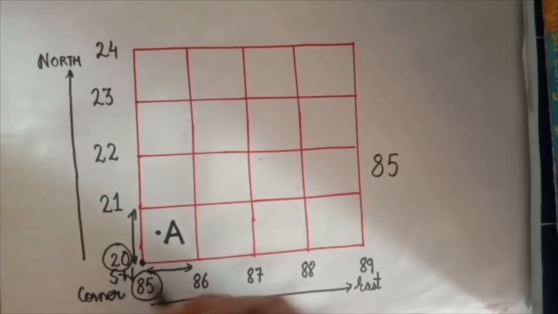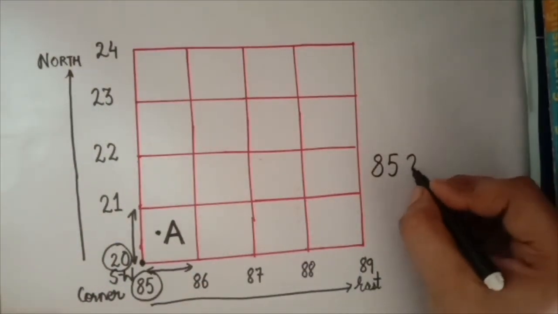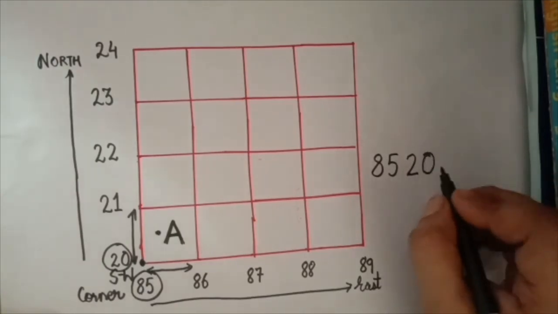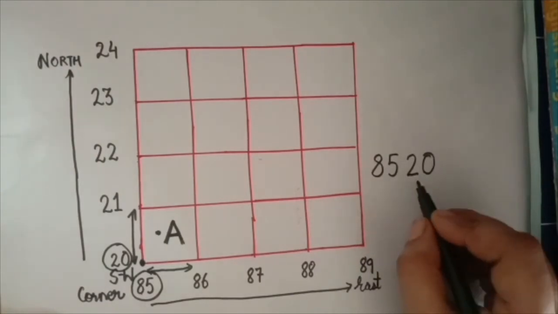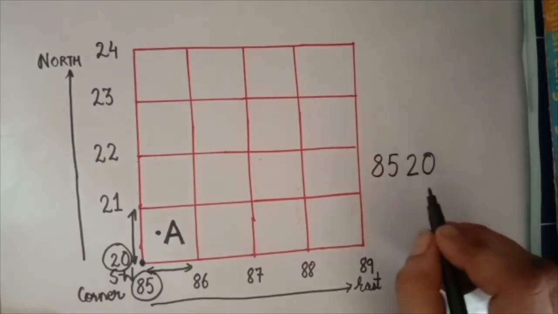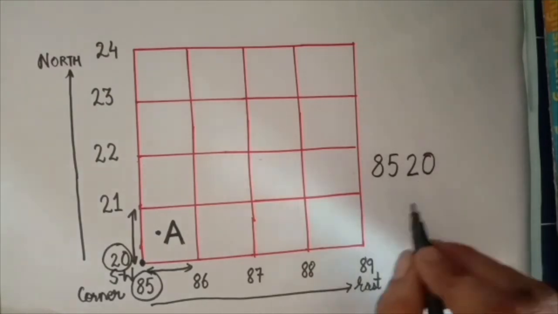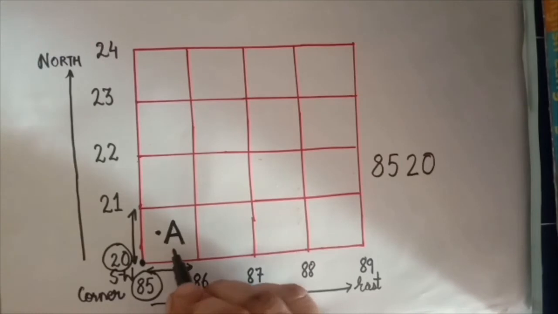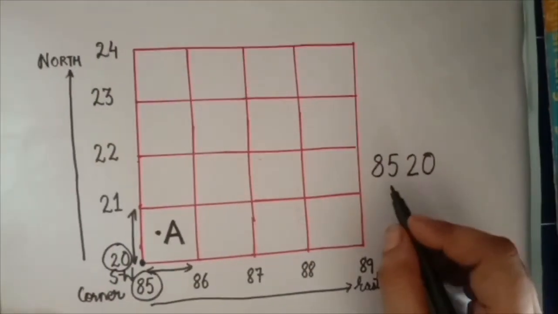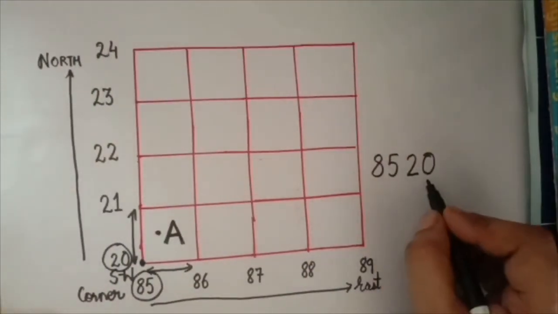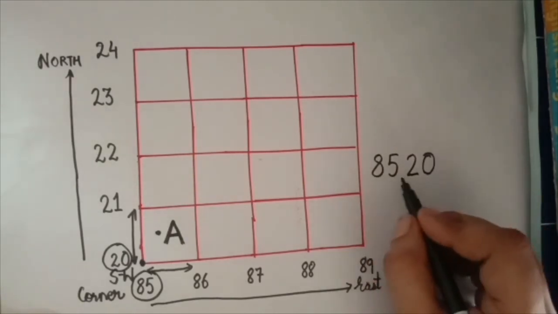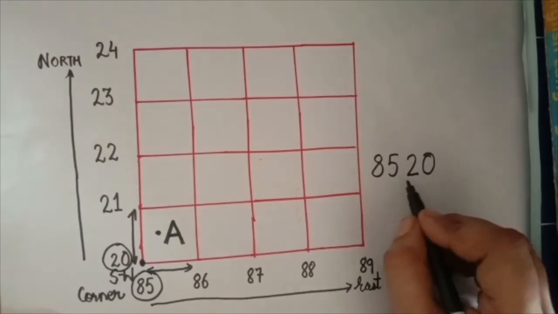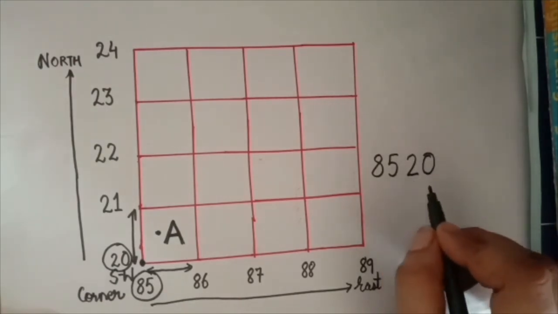So, we will write 2,0 here as the northing of place A. So, the 4-figure grid reference of place A on this map is 8,520. Here 8,5 stands for eastings and 20 stands for the northings of place A.